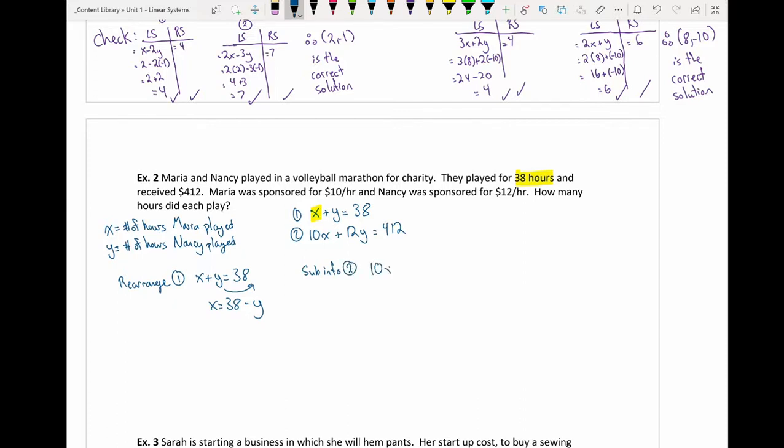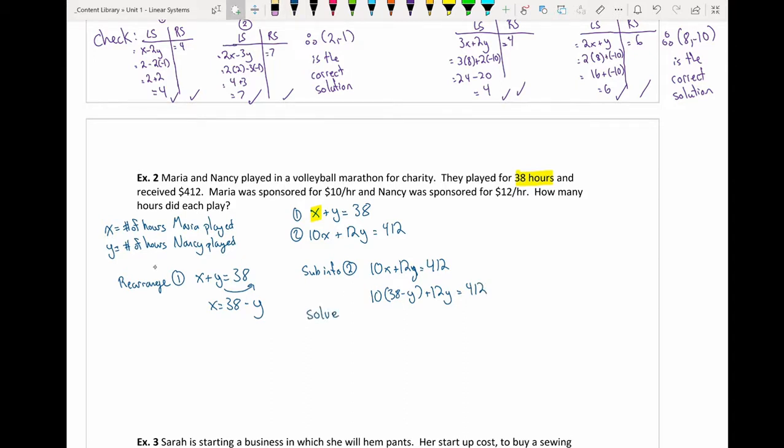So I have 10x plus 12y equals 412. So it's going to be 10, and instead of x, I'm going to put 38 minus y, plus 12y equals 412. And now I have to solve.